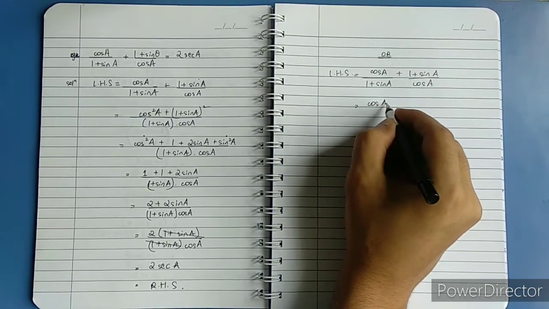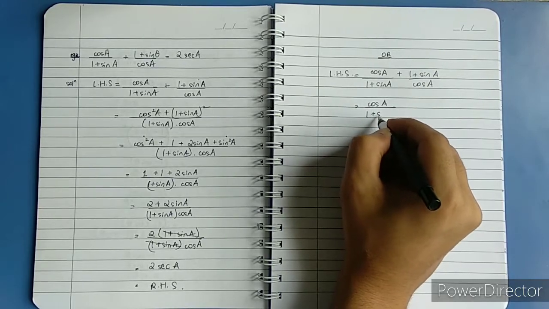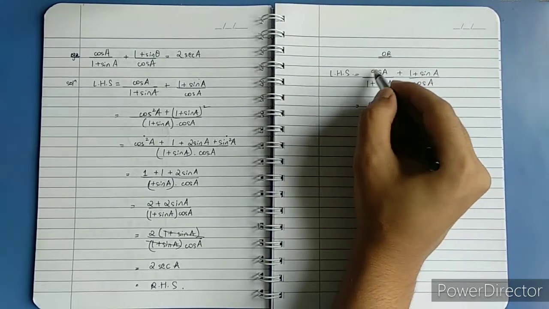So let's say we are multiplying and dividing with 1 minus sin A with just this term.